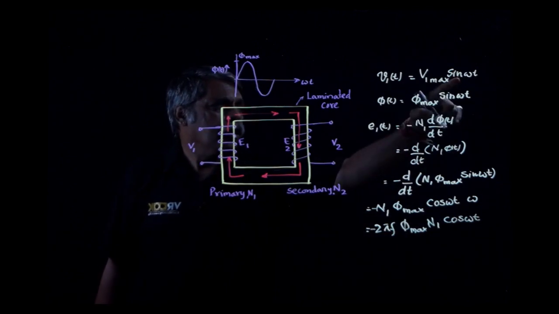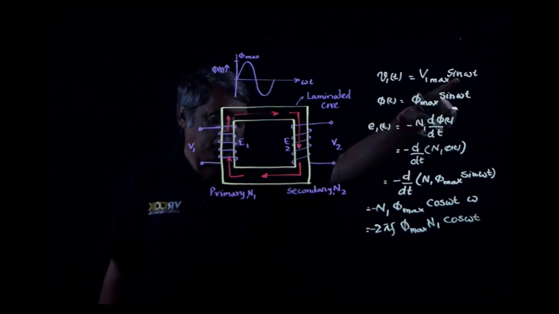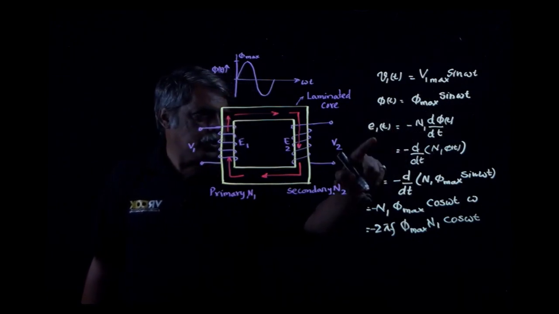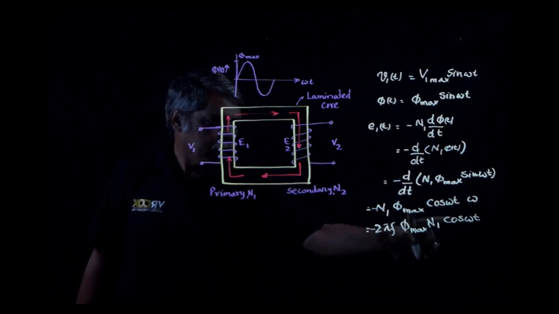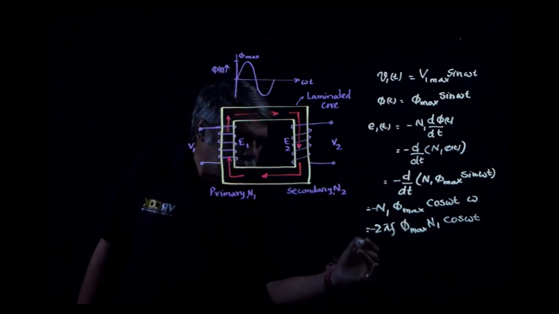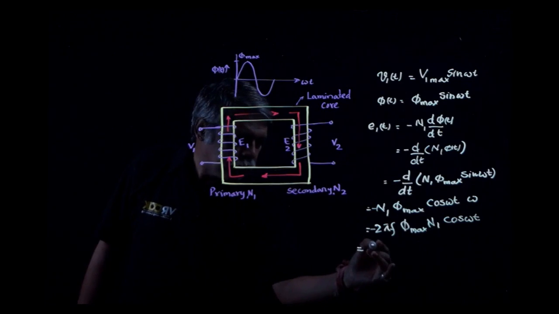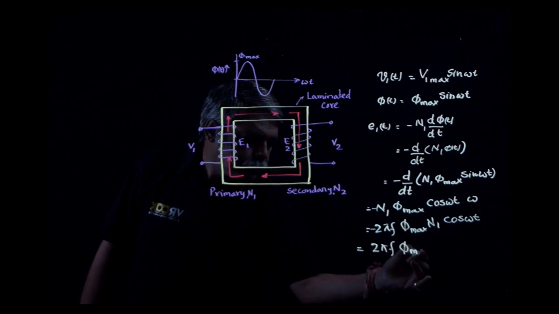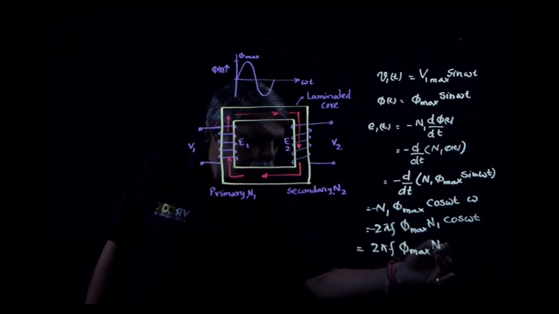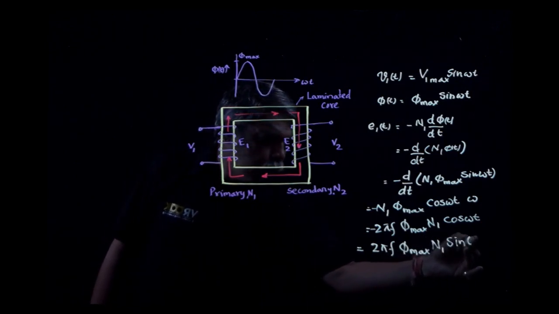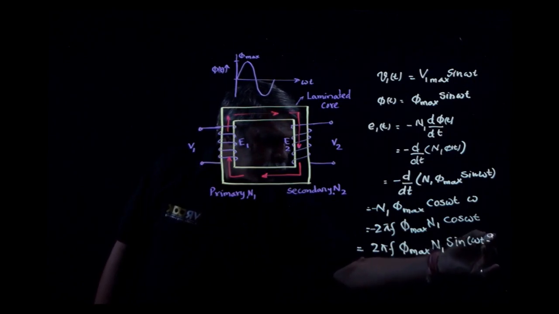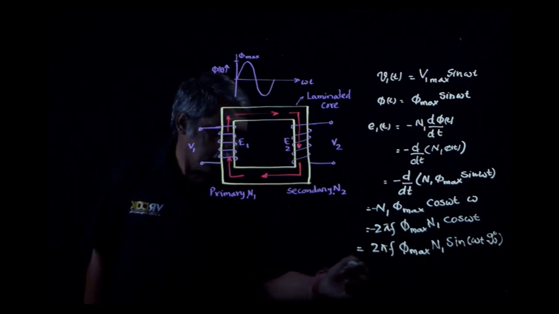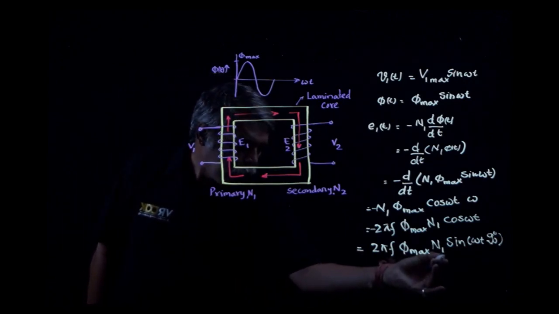Remember, the voltage given to the primary winding is sinusoidal and the flux produced is also sinusoidal, but the induced voltage in the primary winding is co-sinusoidal. So I can modify this expression and write it as 2 pi f phi max N1 sine of omega t minus 90 degrees.